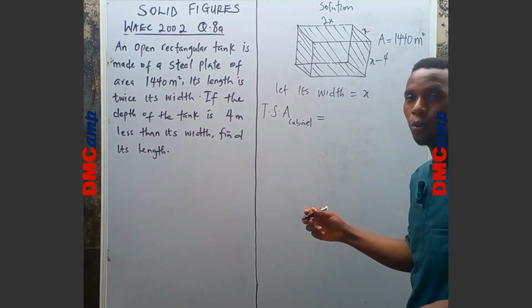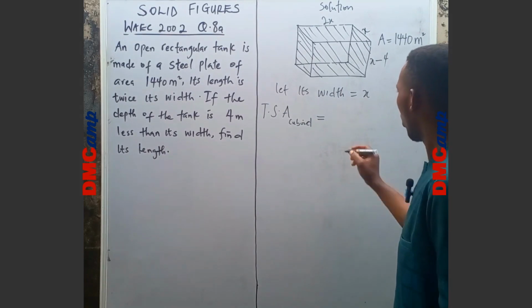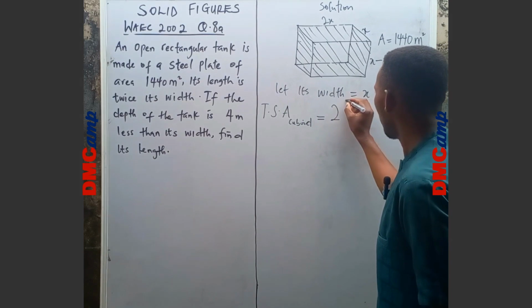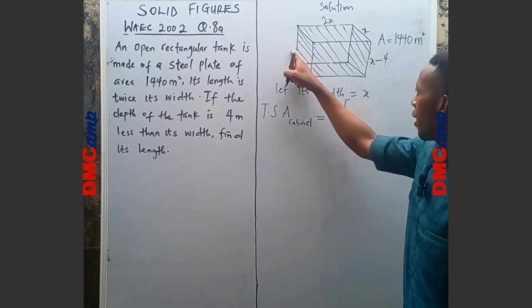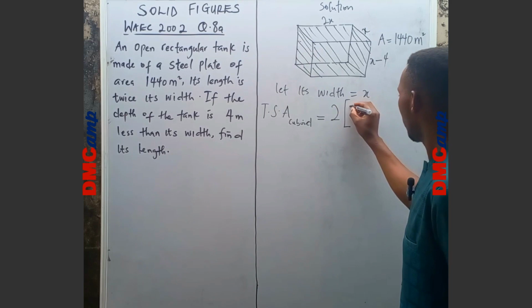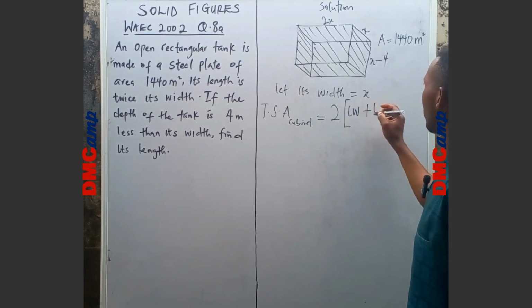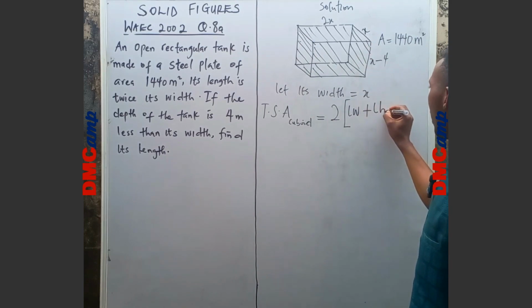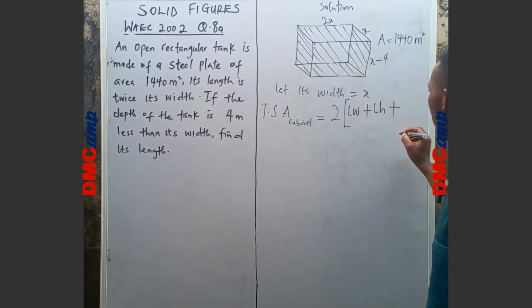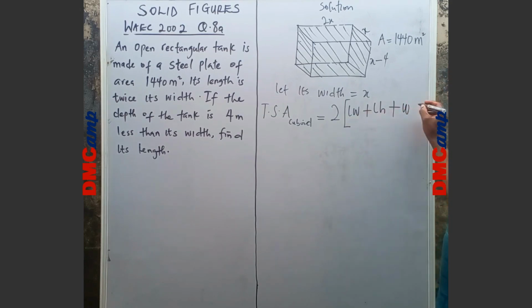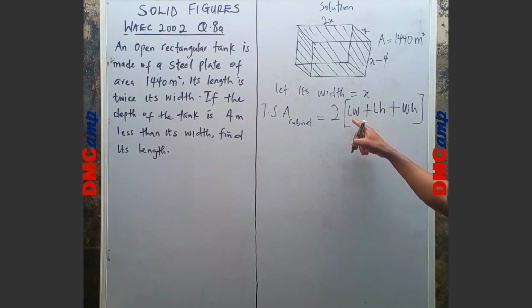So let's derive the formula. We have 2, then open bracket, the length times the width, plus the length times the height, then finally plus the width times the height. You can see everything must appear twice: length twice, width twice, and height twice.